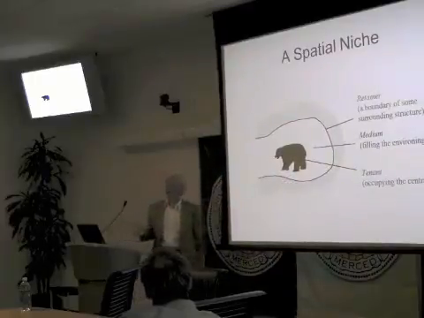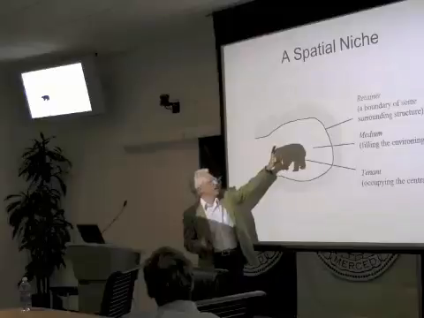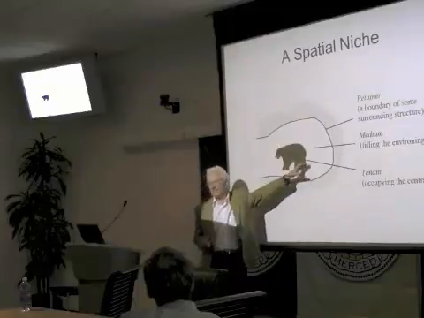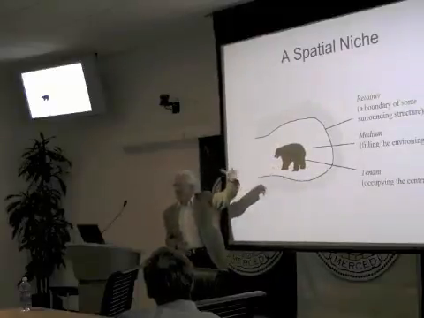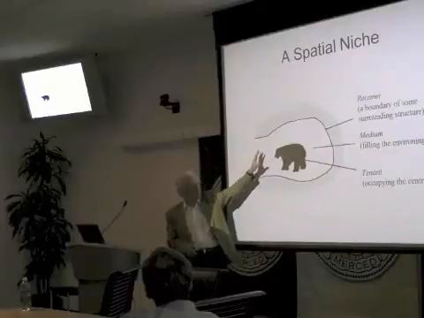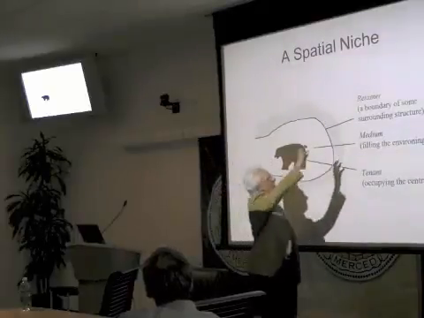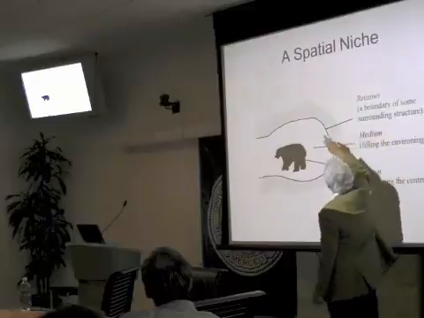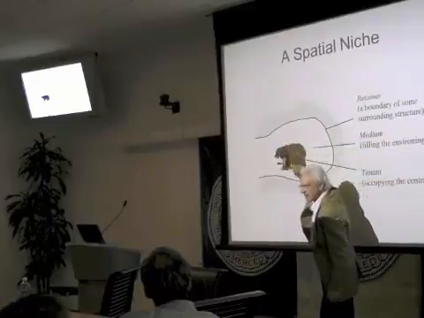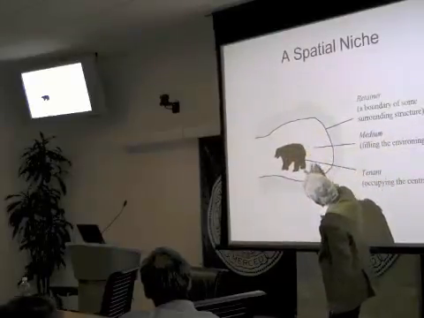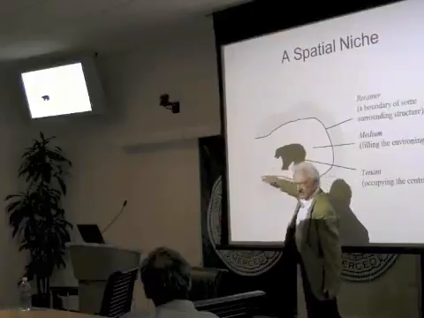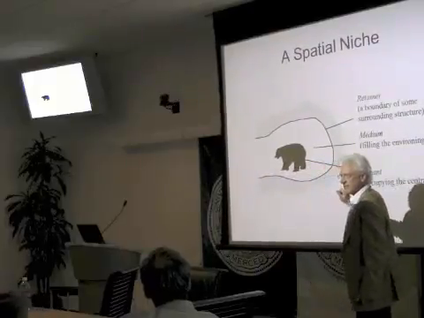Then we have two options. We can say that the niche is occupied by the bear and some of these other things, dead rats. Or we can say that now the retainer is not the boundary of the solid rock, rather it's the boundary of the solid rock plus the rats and the bones and the other things.